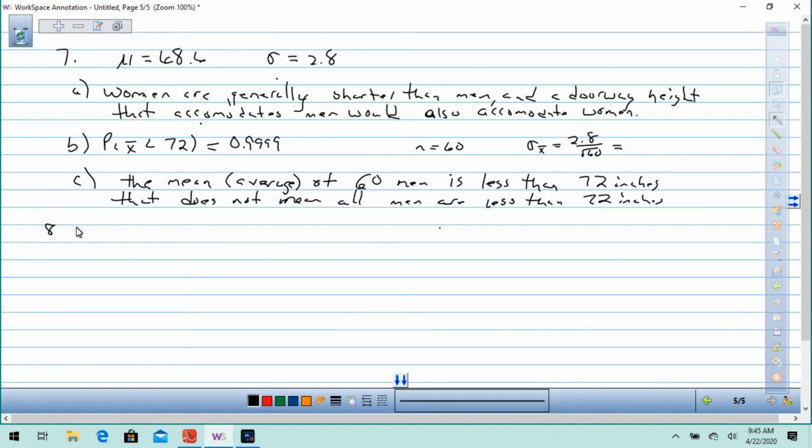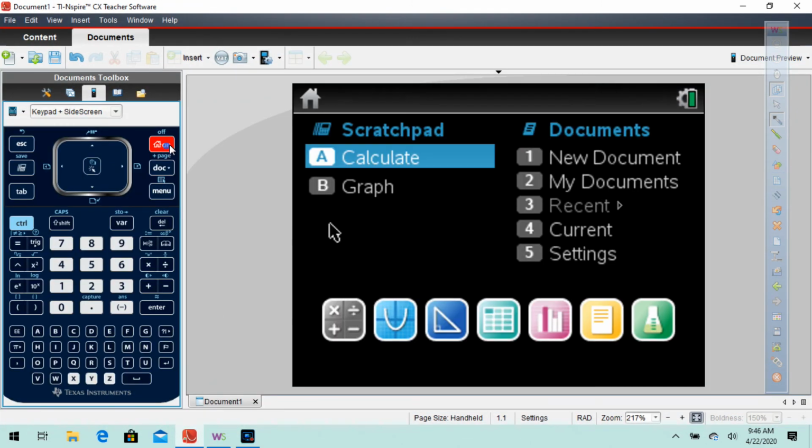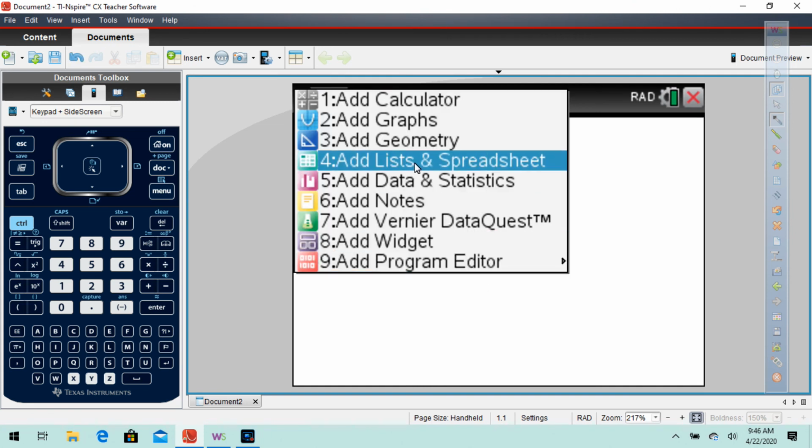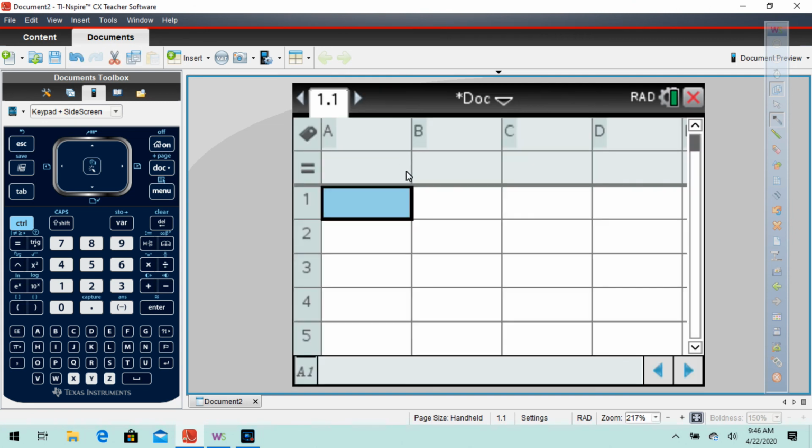8, assessing normality. Listed below are the recent salaries in millions of dollars of players of the San Antonio Spurs professional basketball team. Do these salaries appear to come from a population that has a normal distribution? Why or why not? Well, let's look. On a new document, let's go to lists and spreadsheets, and we're going to put them in there.